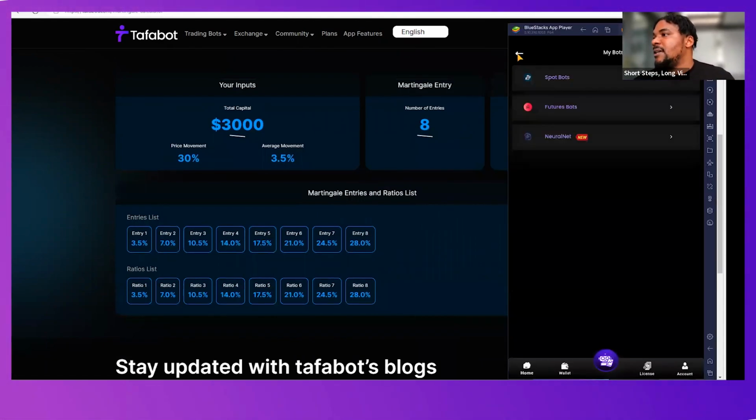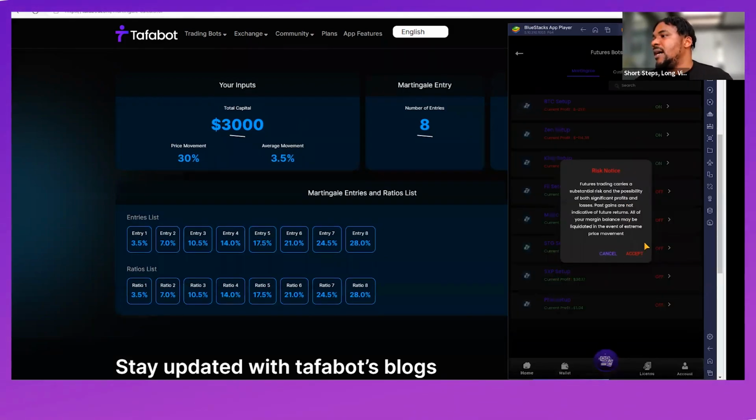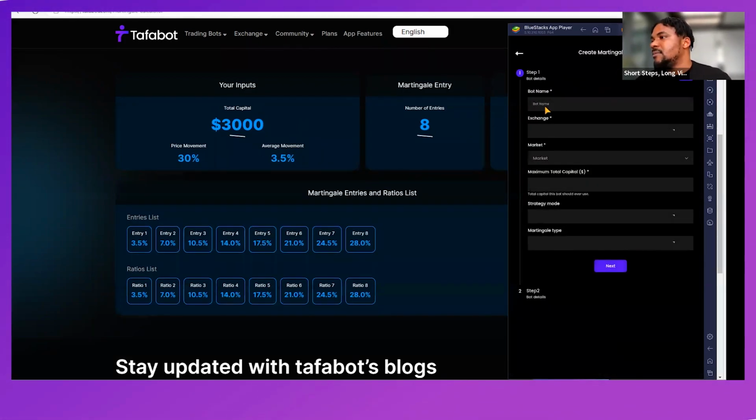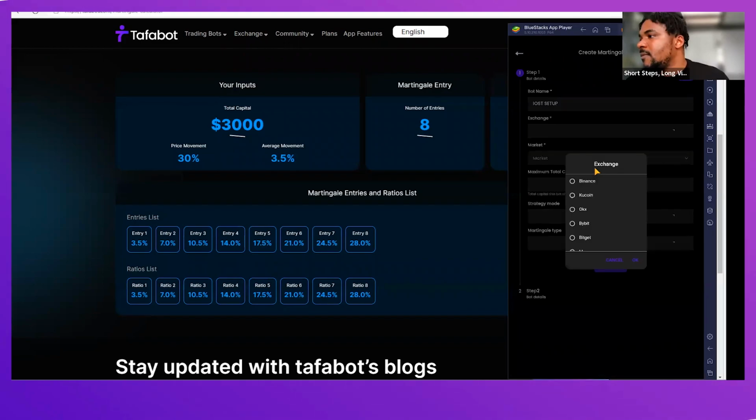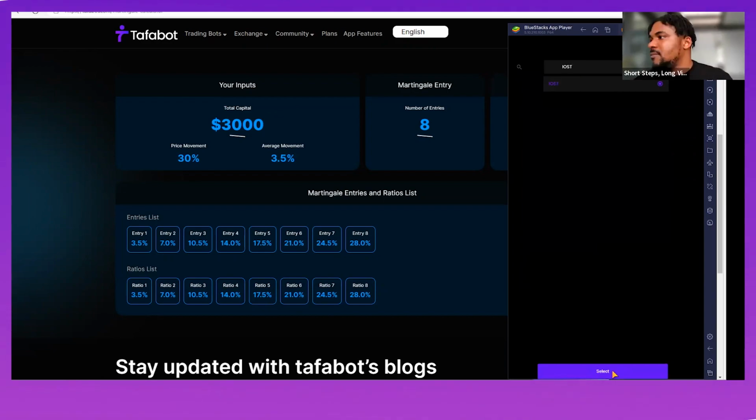So I'm going to go back, and I'm going to be creating a new bot for IOST. So I'm going to call that IOST setup. And on Binance, using market IOST.